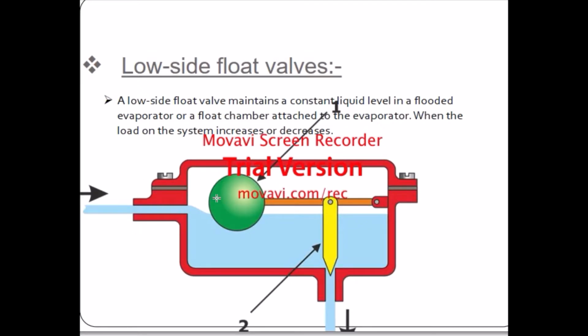So this valve will control the level of the surface. The float controls the surface of the liquid. If the float is lower, it means we open the supply, so it should increase the input into the valve system. Okay, this one is the low side float valve.